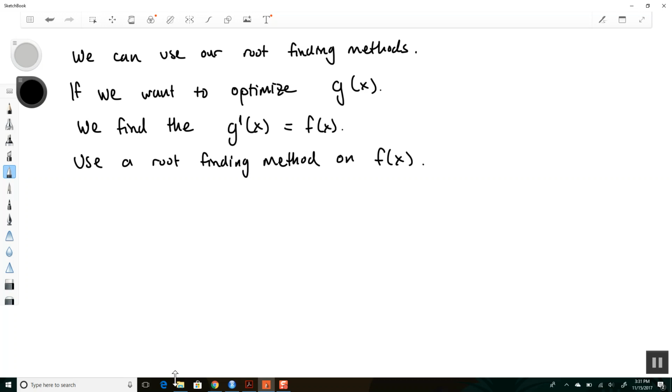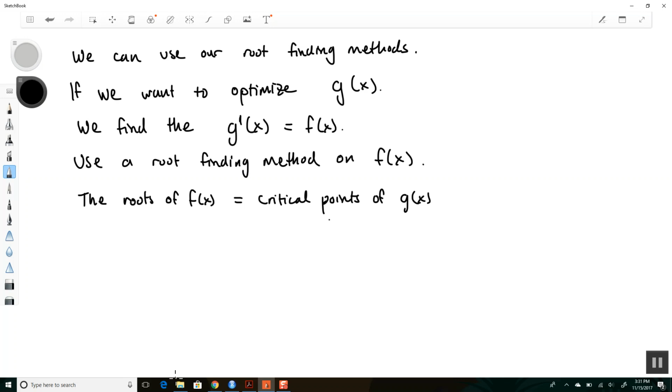And we're just going to extend this, and we're going to say, all right, let's say you want to optimize some function g of x. Well, instead of working directly with g of x, we take the derivative, and then we find the roots of the derivative. Okay, and so the roots of f of x will be the critical points of g of x.